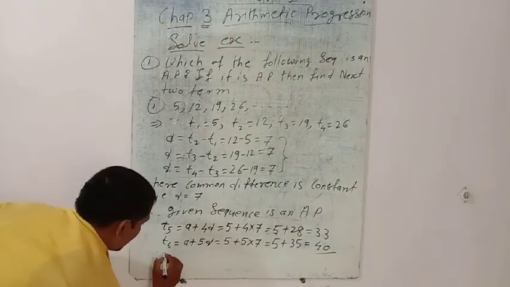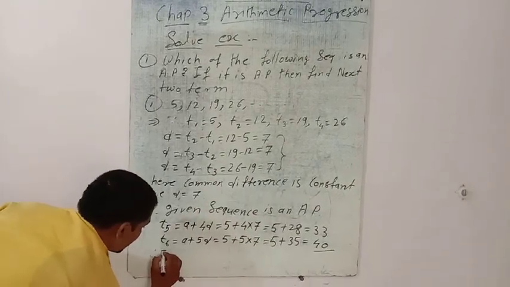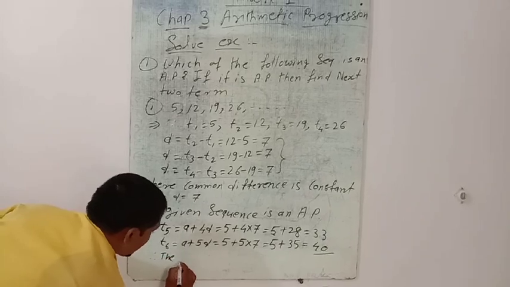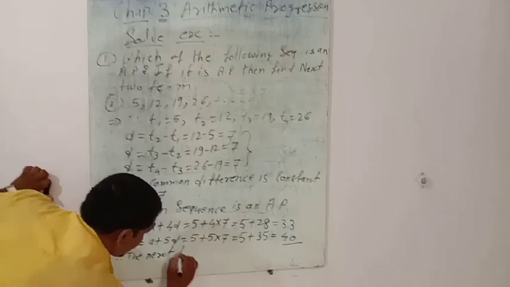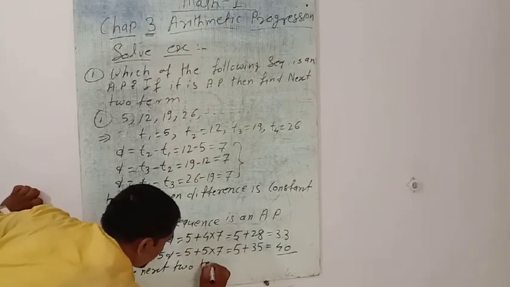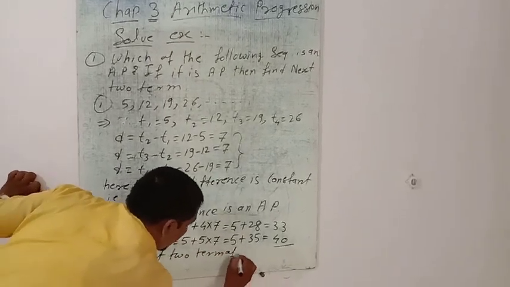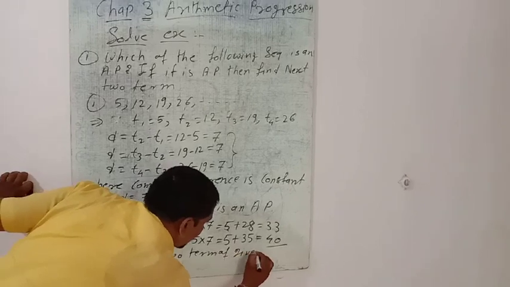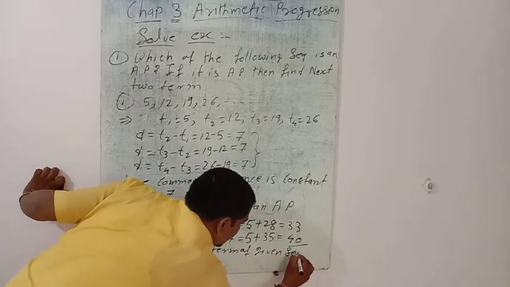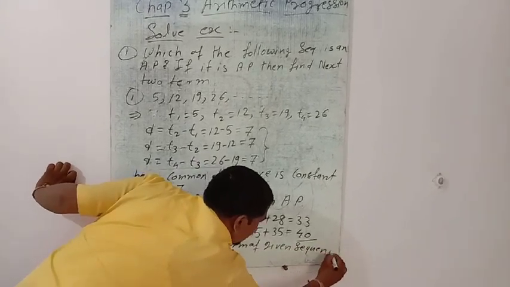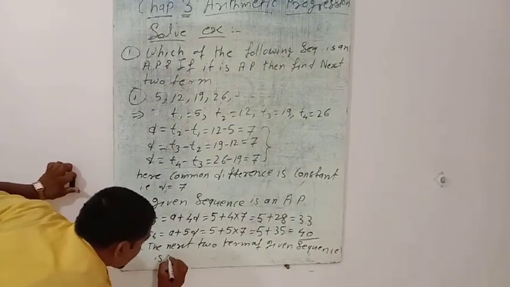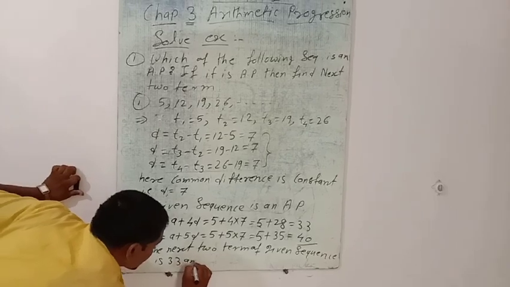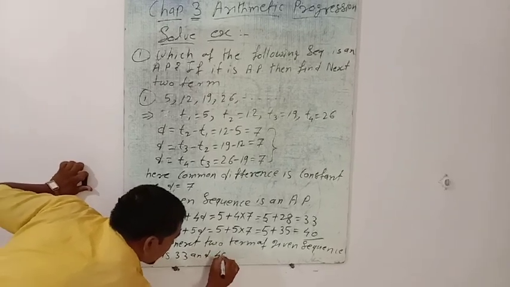Therefore, the next two terms of the given sequence are 33 and 40.